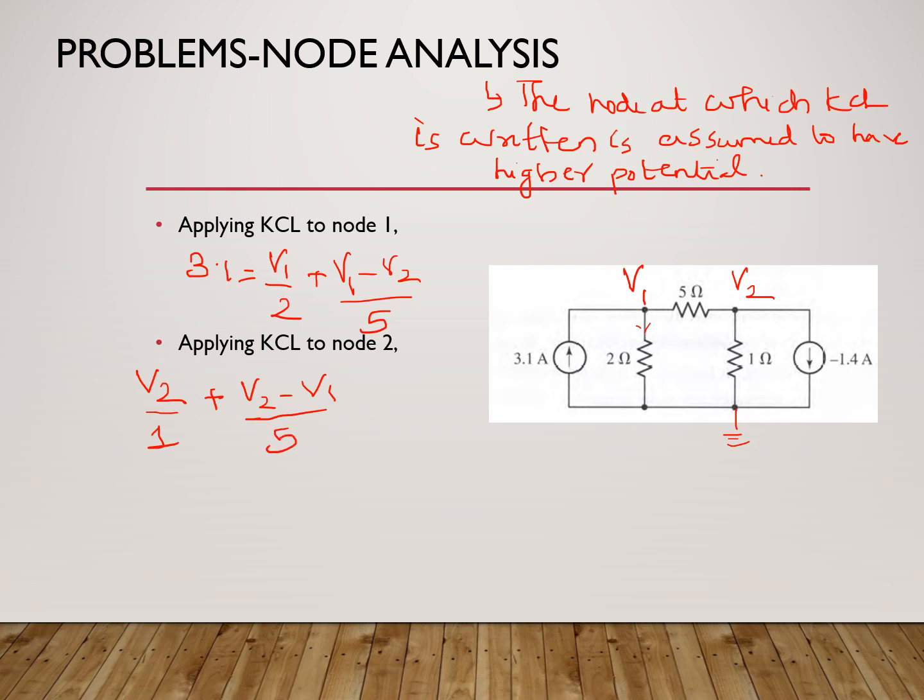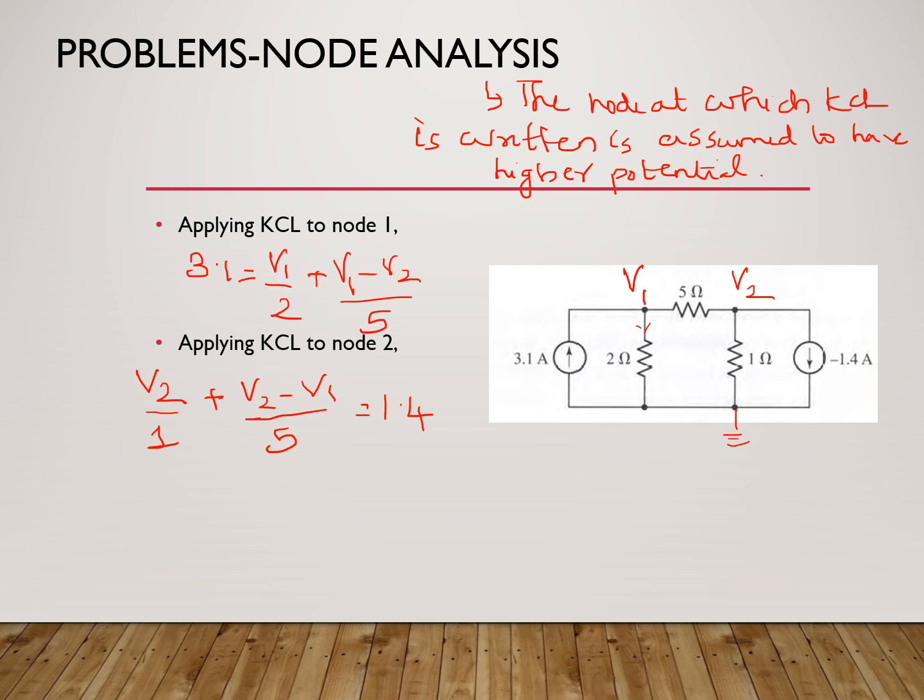And that is equal to, now, 1.4 ampere is also flowing out. So these are all currents leaving terminal V2: V2 by 1, (V2 minus V1) by 5, and minus 1.4, equal to 0. Or I can write it as equal to 1.4, since the minus 1.4 which is leaving can be considered as 1.4 entering this terminal. So current entering is equal to current leaving.